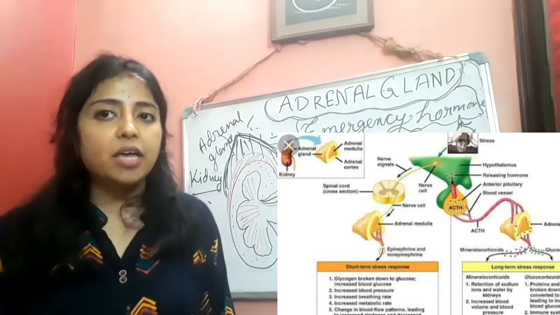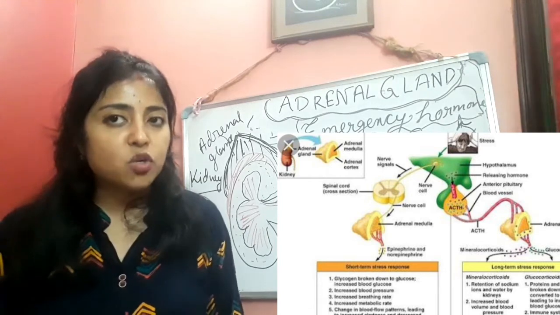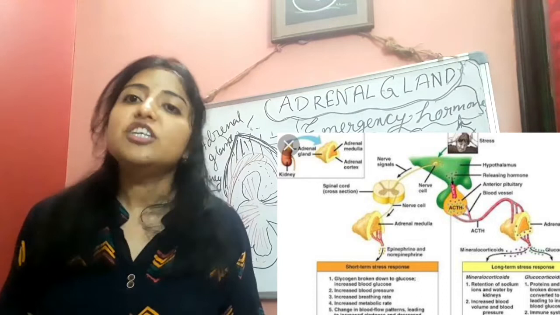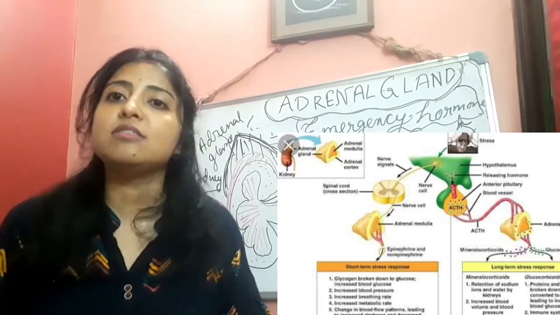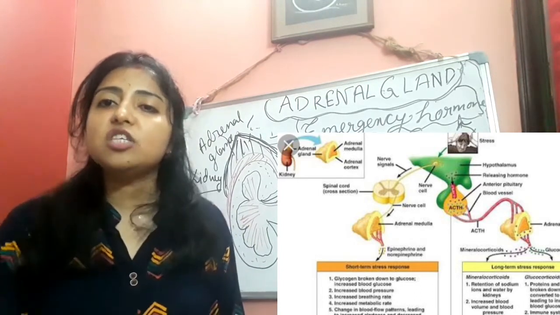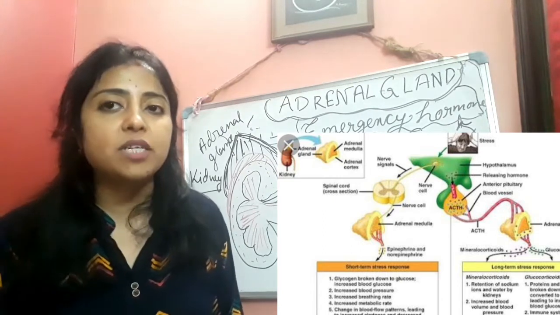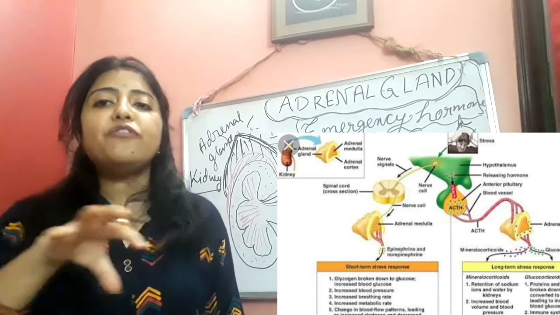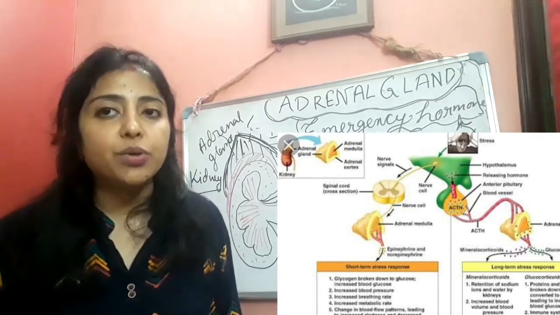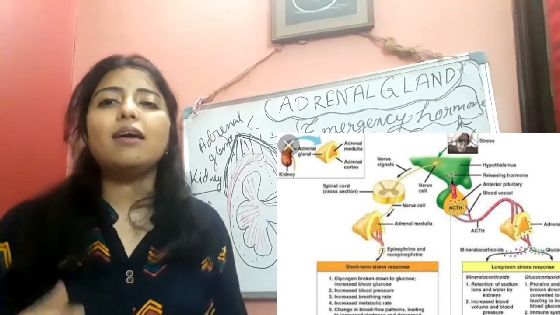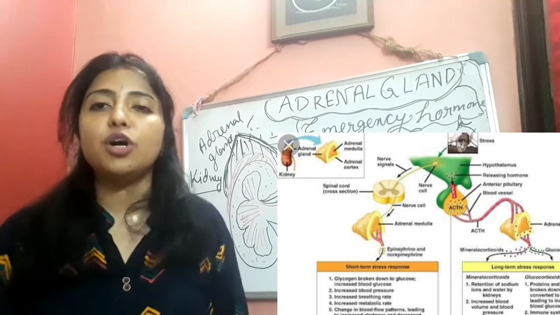At that time, that neurotransmitter will be secreted, and they are also known as neurohormone. That means these hormones also will be secreted as neurotransmitters, from the terminal end of the neuron for transmitting the impulse. So they are also known as neurohormone.